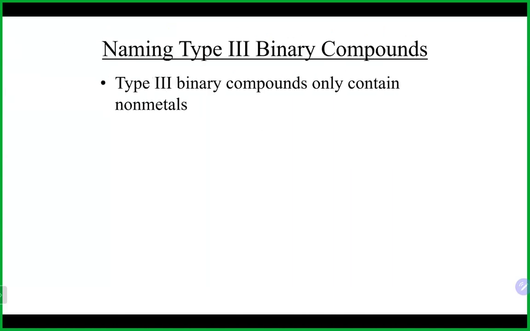So when we have a type 3 compound, it contains only nonmetals, and because they're sharing electrons, like I said, there's really no ions. You don't have to figure out anything.